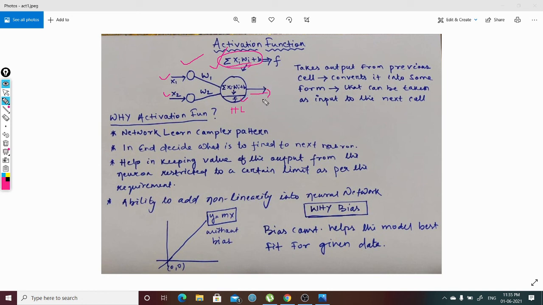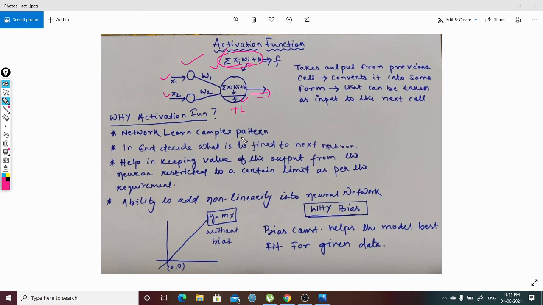I have not drawn any other network connected, but if any other neurons were here, then this output would be going as an input to that neuron. So this is how an activation function is established in a particular hidden layer.